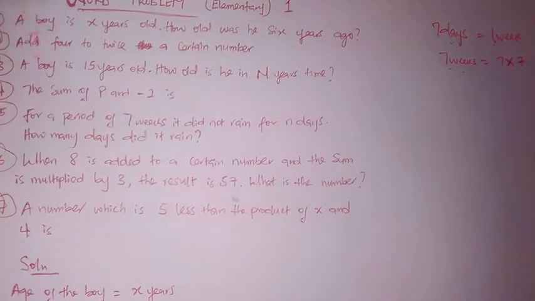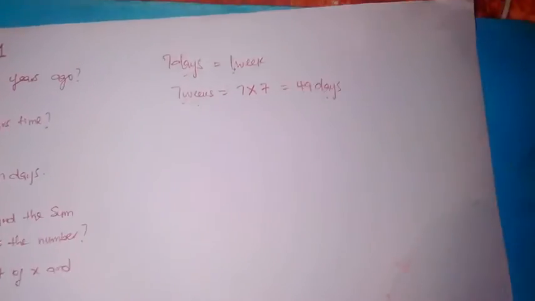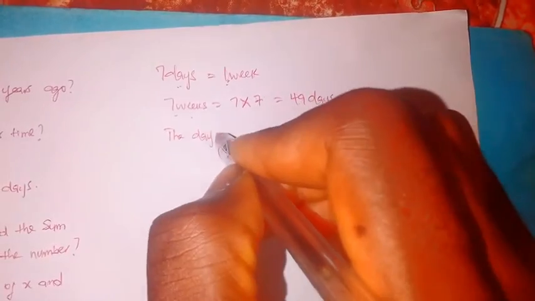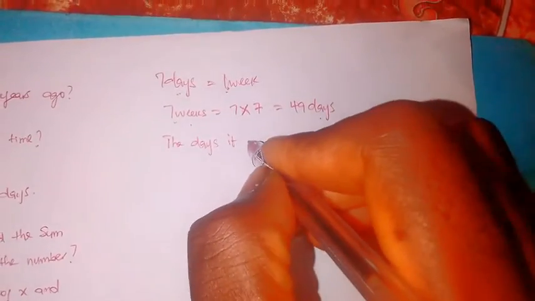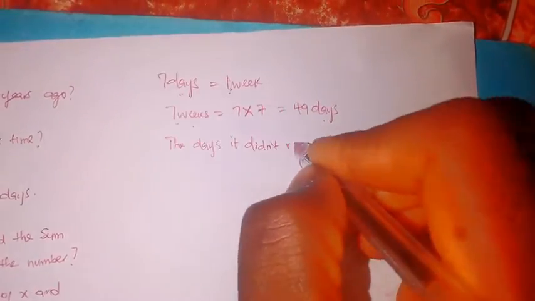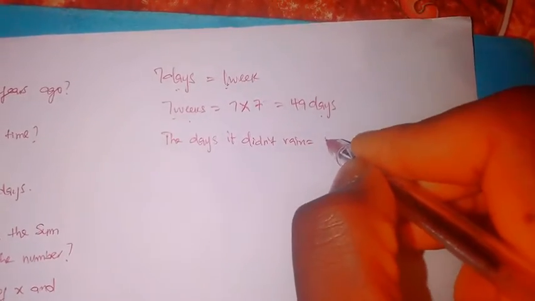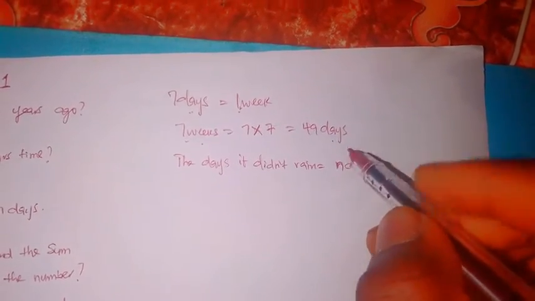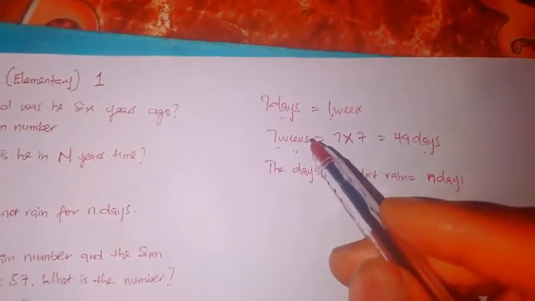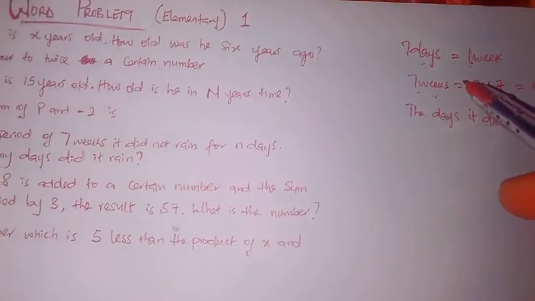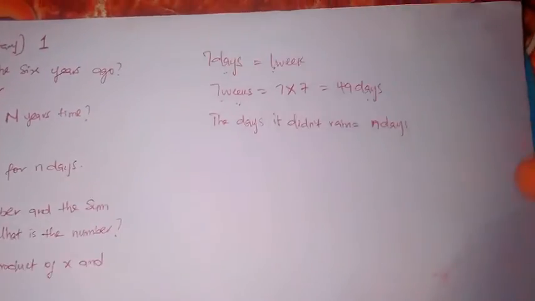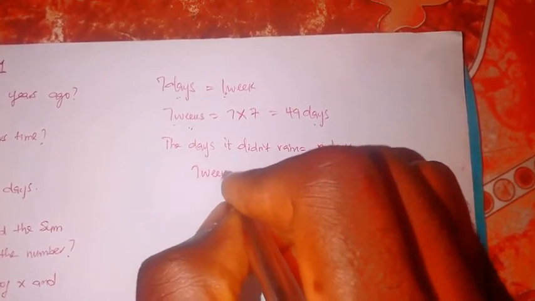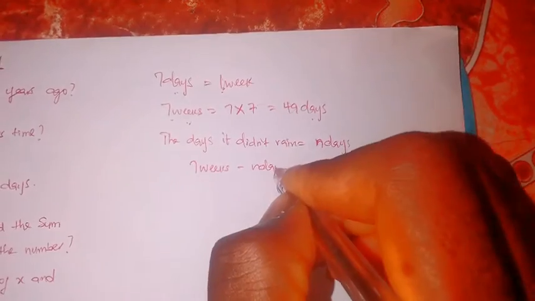For a period of 7 weeks, it did not rain for n days. So the days it didn't rain equals n days, and this n days was from the 7 weeks. So the expression becomes 7 weeks minus n days.